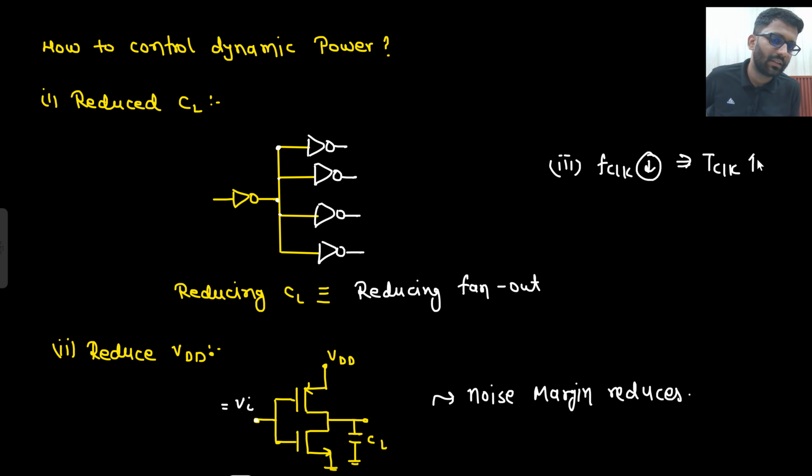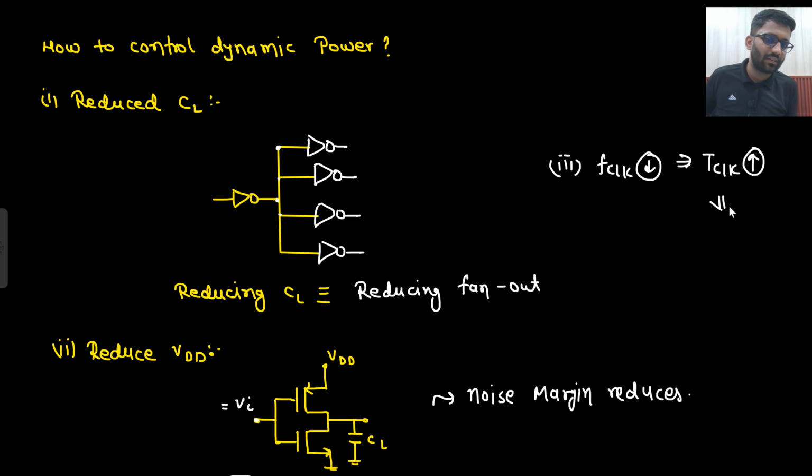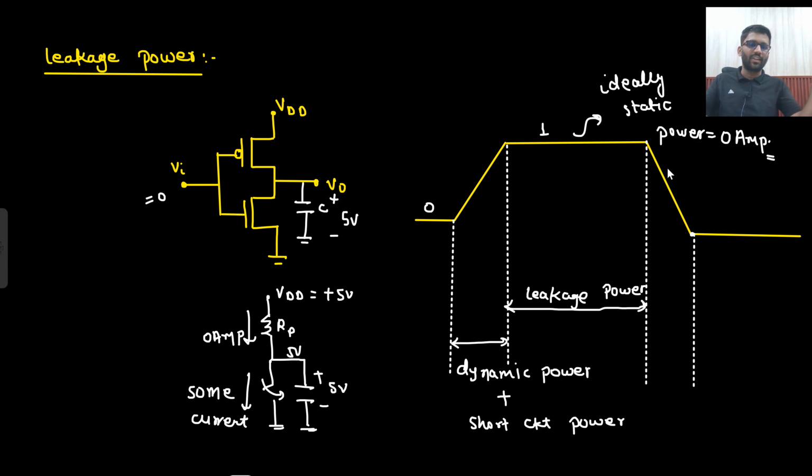T clock will increase, that means this area will increase. This one will be there for a longer time. If this is increasing, what does that mean? The leakage power will increase. Because leakage power comes into action when this is 1, so leakage power will increase.